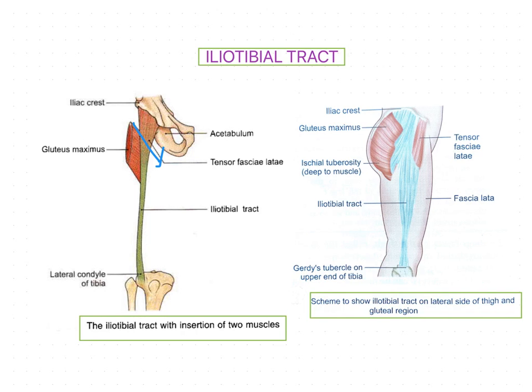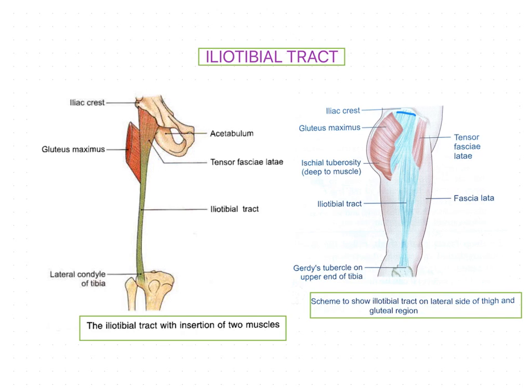Now we will see the attachments of the iliotibial tract. Superiorly, it splits into 2 layers. One is called the superficial lamina and the other is the deep lamina.